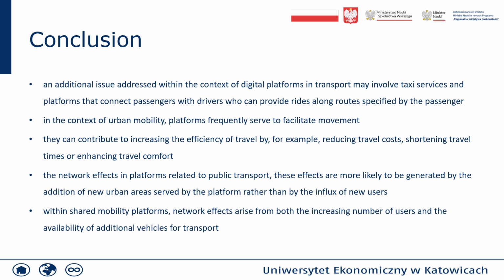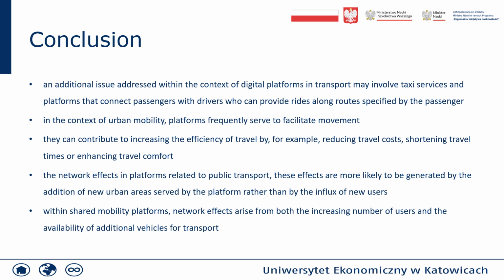In the context of urban mobility, platforms frequently serve to facilitate movement. They can contribute to increasing the efficiency of travel by, for example, reducing travel costs, shortening travel times, and enhancing travel comfort. The network effects in platforms related to public transport are more likely to be generated by the addition of new urban areas served by the platform rather than by the influx of new users.